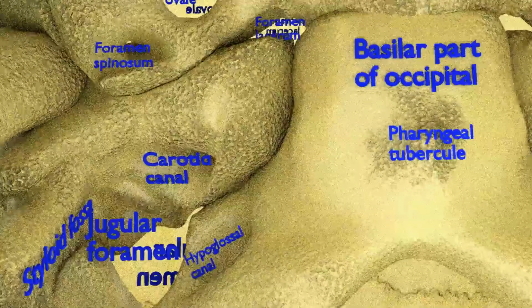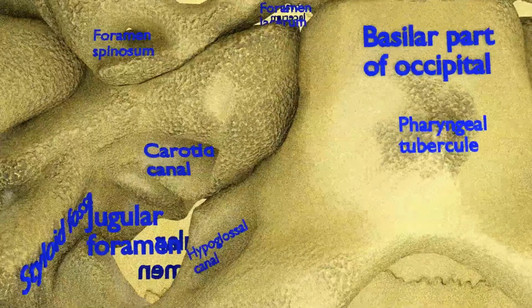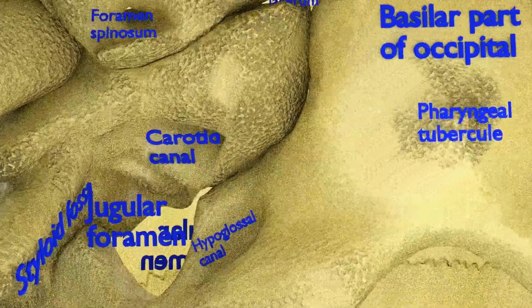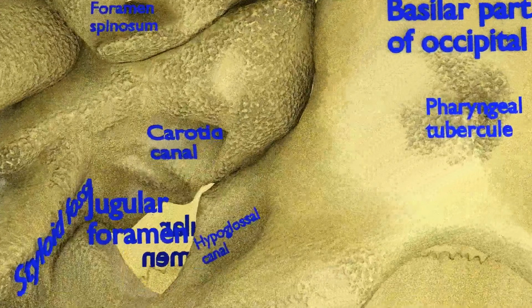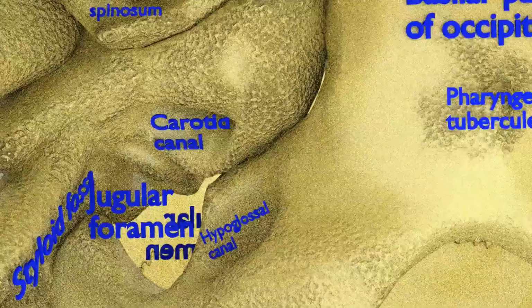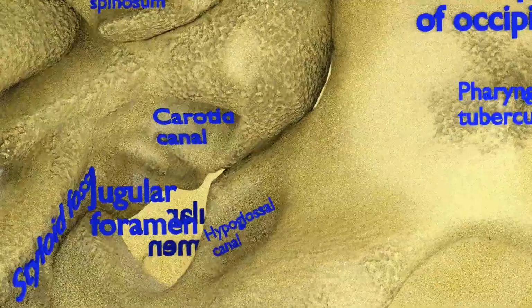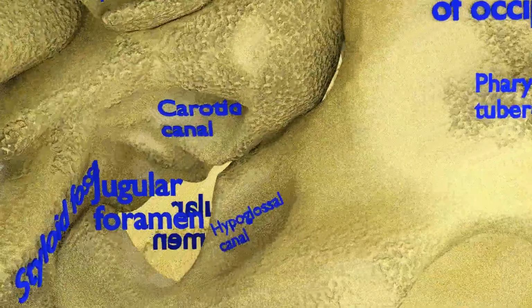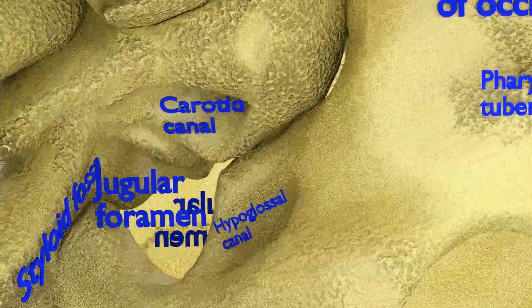The structure you now see is jugular foramen, which gives passage to inferior petrosal sinus, sigmoid sinus, the cranial nerves 9, 10 and 11 called the glossopharyngeal, vagus and accessory nerves respectively.